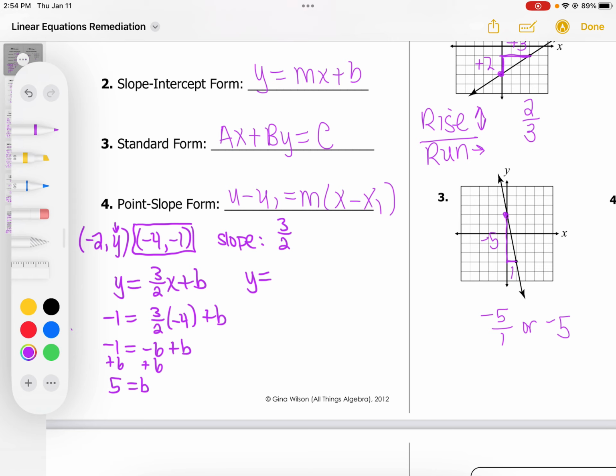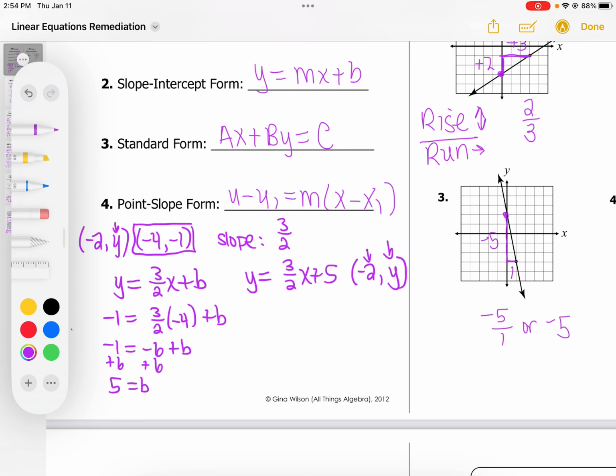So altogether, the equation of this line, which they didn't ask us to create, but if we did it this way, we create the equation of the line, which is y equals 3/2x plus 5, and we can use this information to find out what y equals when x is -2. An ordered pair is an input-output.